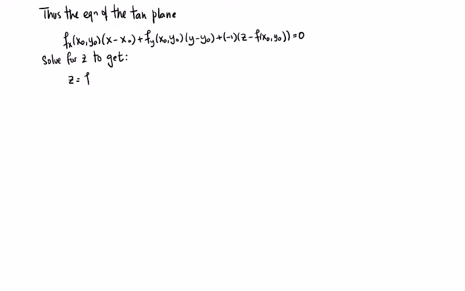When we do that, we get f of x0, y0 plus f sub x at x0, y0 times x minus x0, plus f sub y at x0, y0 times y minus y0. Now, this looks really awful, but this should ring a bell. It reminds us of the tangent line at the very beginning.